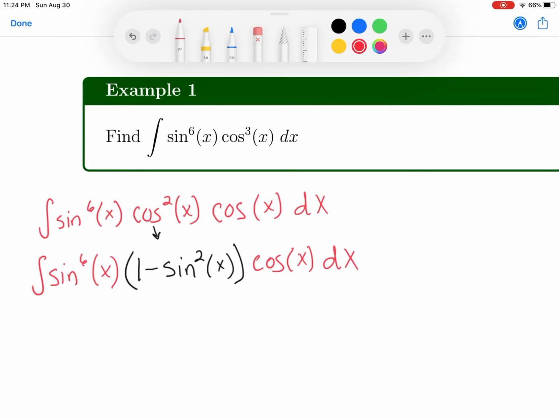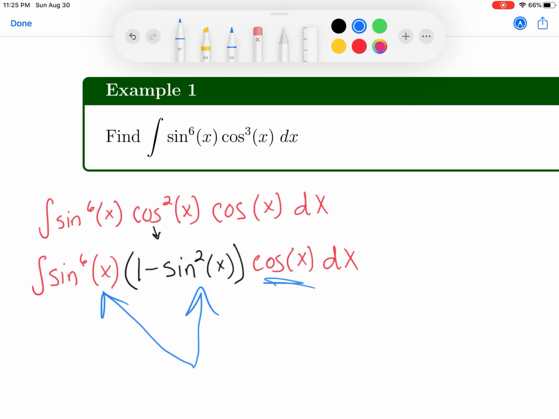All right, so now that we've done that, let's go ahead and declare what u is. Okay, so what is u going to be? U is always going to be the more complicated thing that you have. The more complicated thing is sine, right?